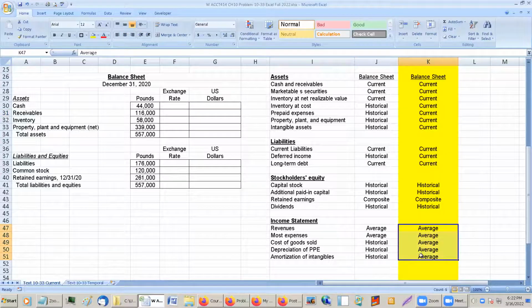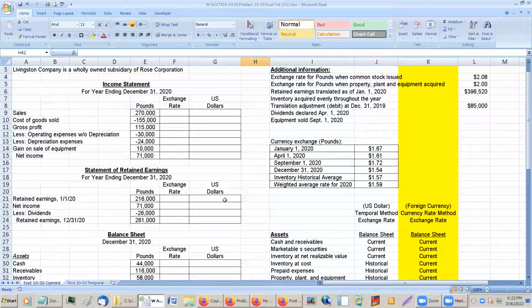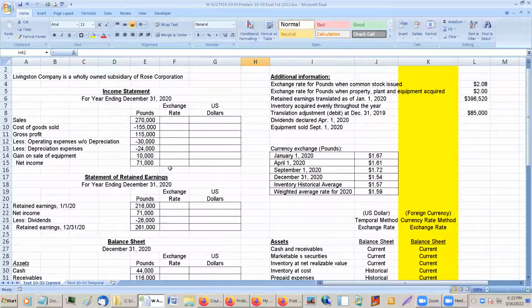Income statement. Pretty much everything goes in at the average rate. So the average rate for 2020 is $1.59.